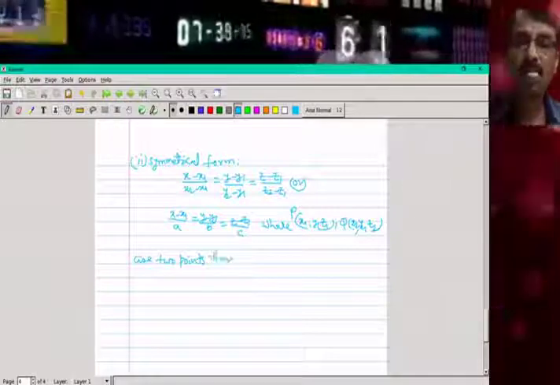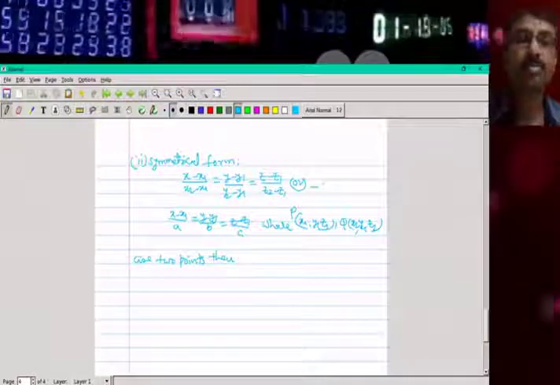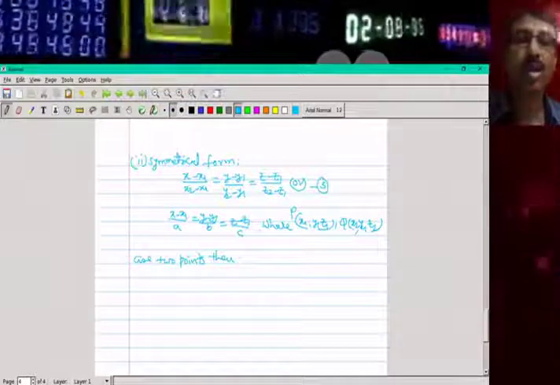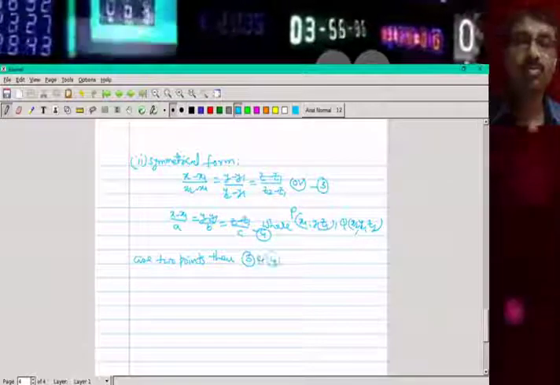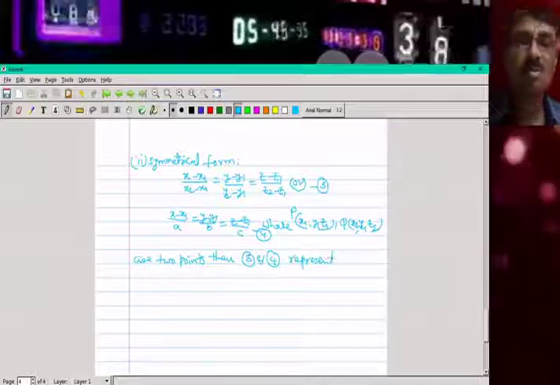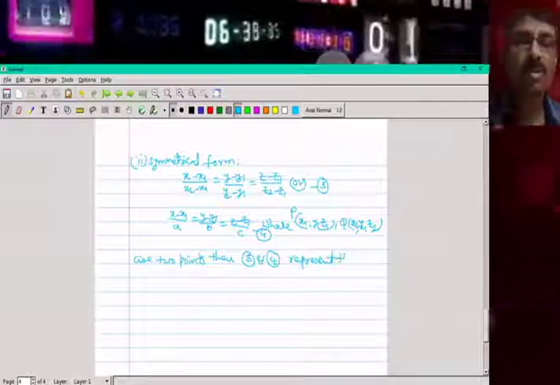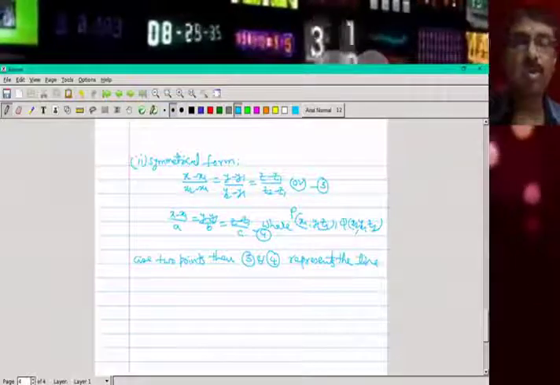Then equations 3 and 4 represent the line PQ.